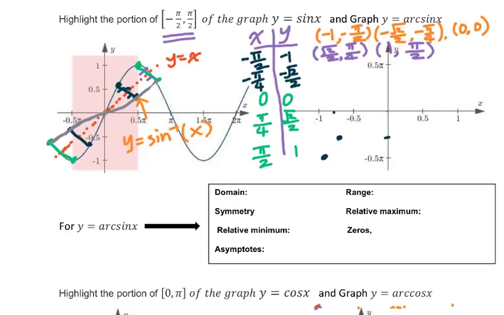Yeah, over here. Then 0, 0. Then 0.7, which will be about half of that. Estimate here. Then 1 is pi over 2.